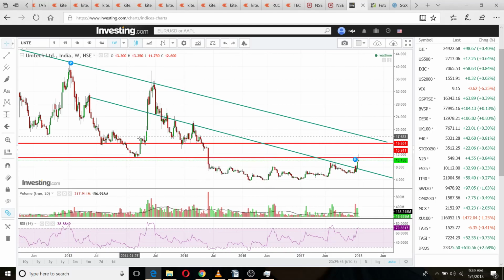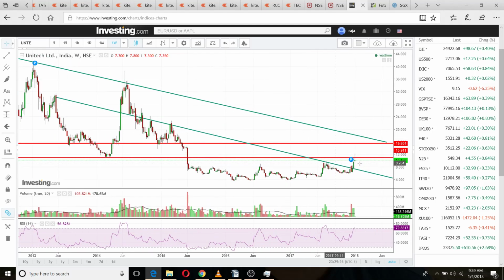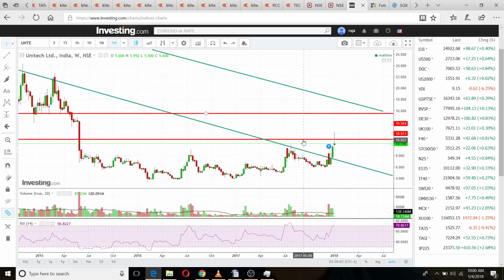But normally in my experience, if we have a long-term breakout happening, then possibly this might surge up, but currently there is no sign of breakout. Once a breakout happens, we have to watch this. When I say breakout happens, that means it should go above 11.5, and then it has to sustain for a few days.